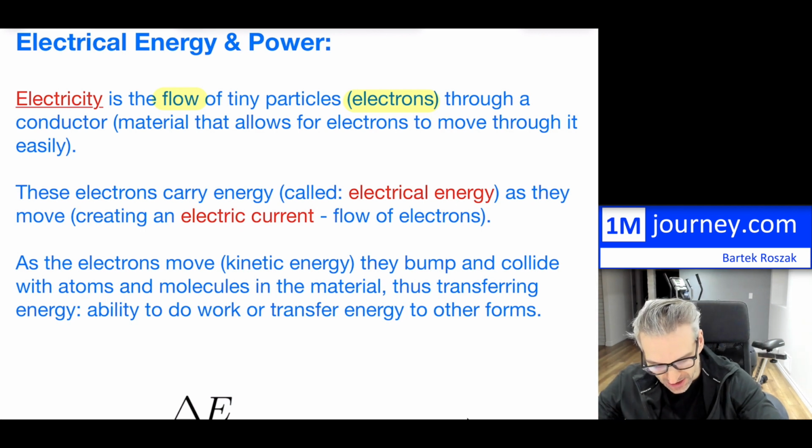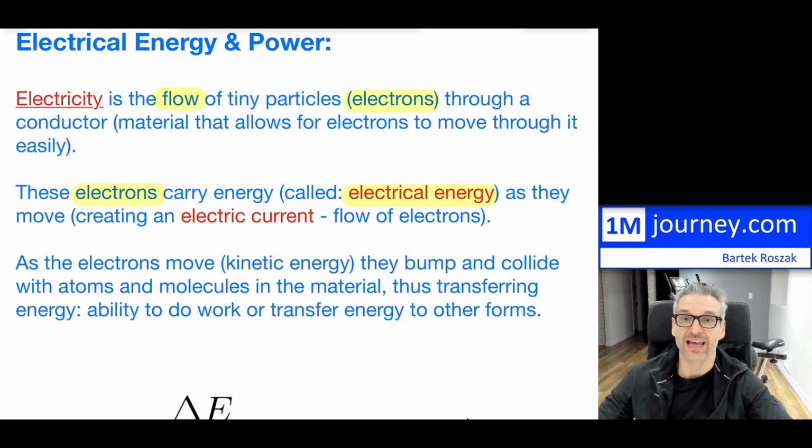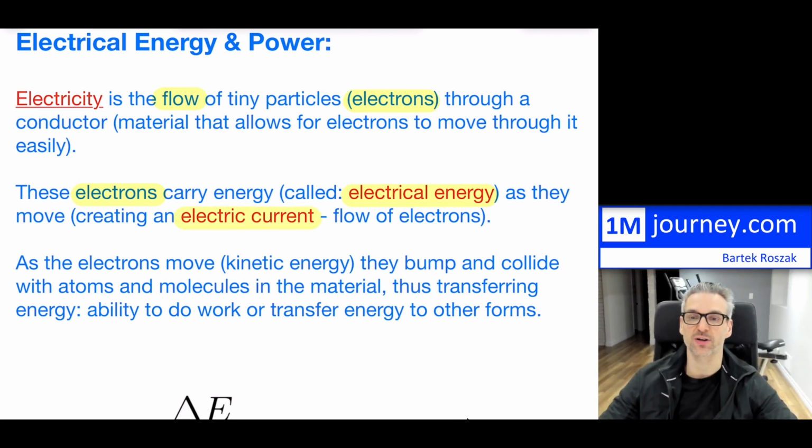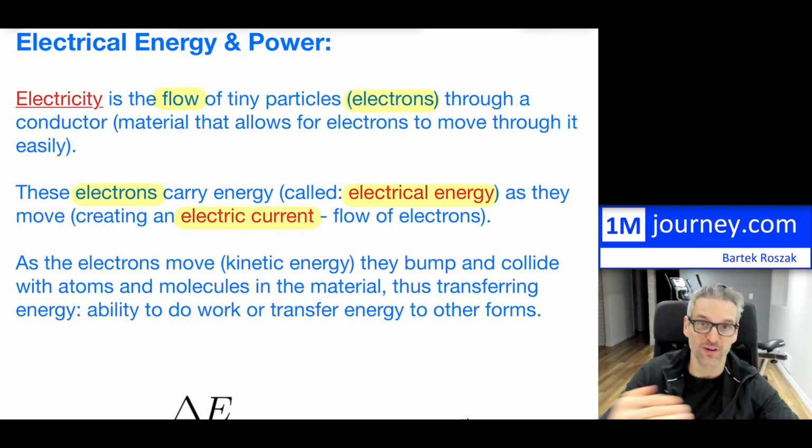And so here, the electrical energy is, again, the flow of these electrons, and they carry the energy along with them. And if we notice that we have quite a few of these electrons flowing by, it is the electric current that we call it. Instead of saying flow of electrons, we say current.